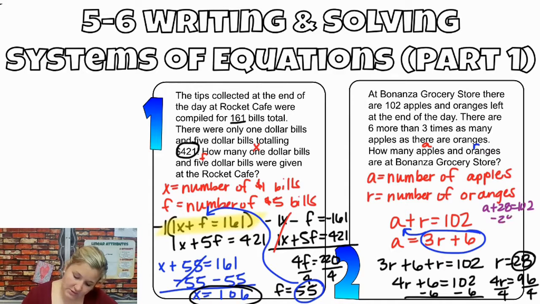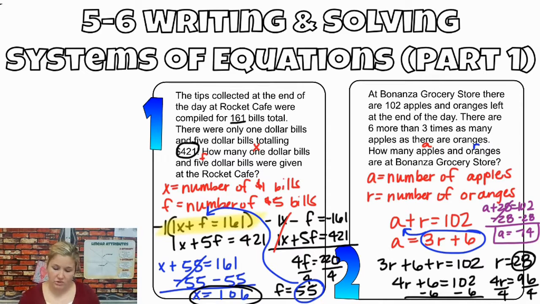And then subtract 24 from each side. And so A is equal to 78. So 78 apples, 24 oranges, together make 102. It is a little bit of work, especially because you have to write the equations first.